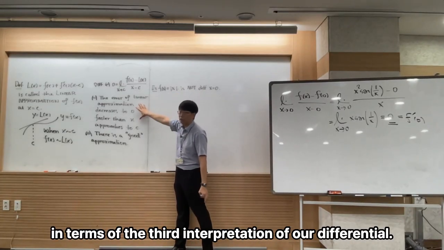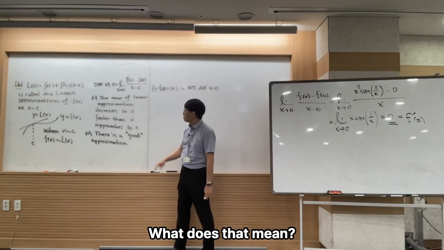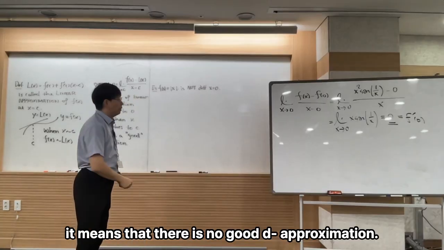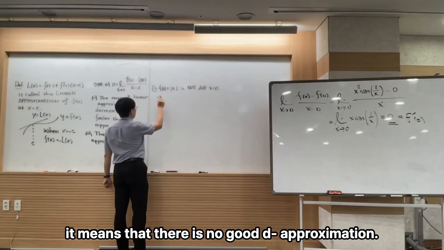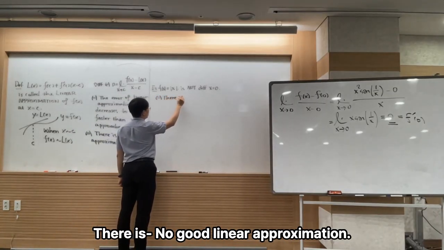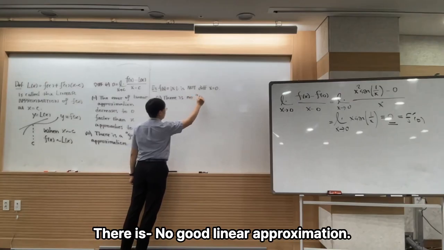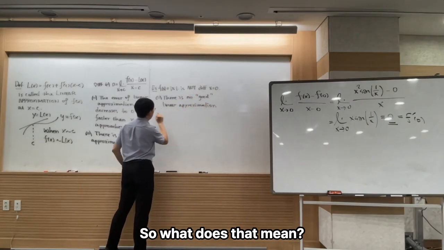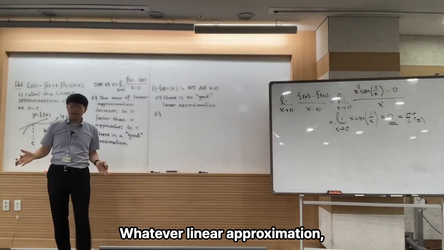There are many ways to explain why, but let's think about this fact in terms of the third interpretation of our differential. Since it's not differentiable, it means that there is no good linear approximation.